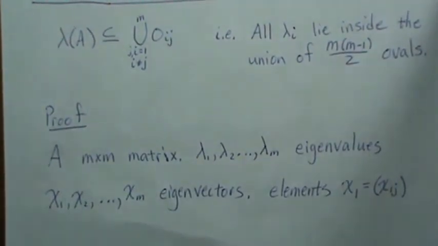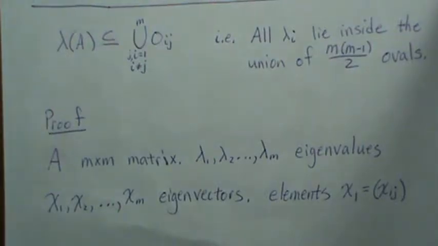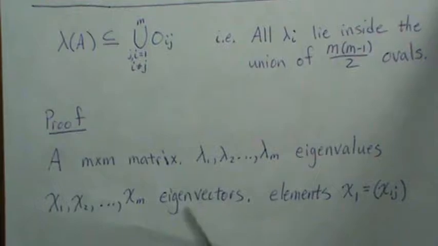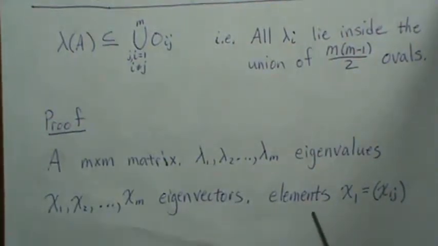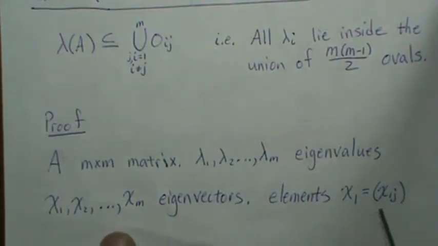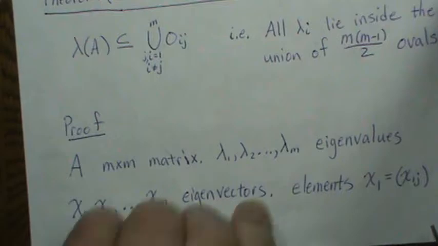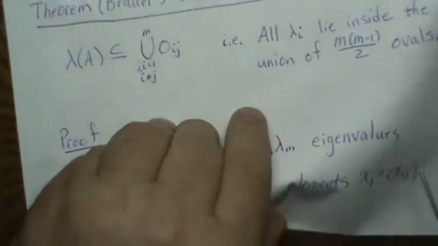So let's look at a proof. We have an m by m matrix, the eigenvalues and the vectors associated with them. Each element of an eigenvector will be represented like this: for the first eigenvalue, x1j is the jth element of that vector.